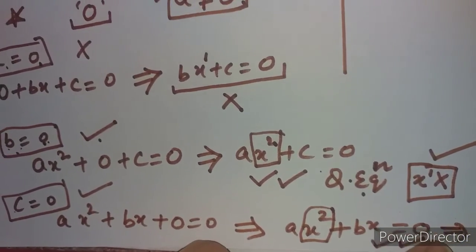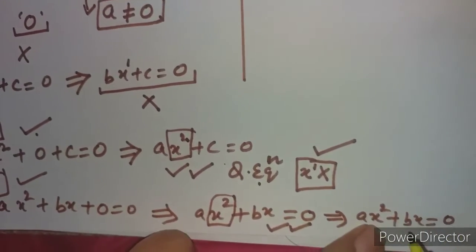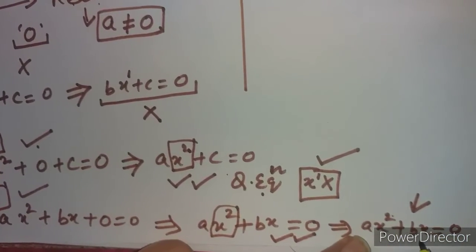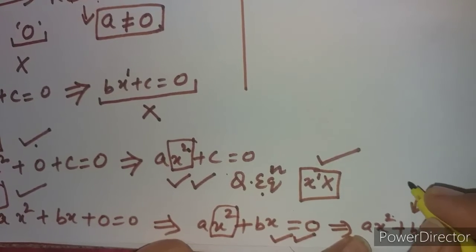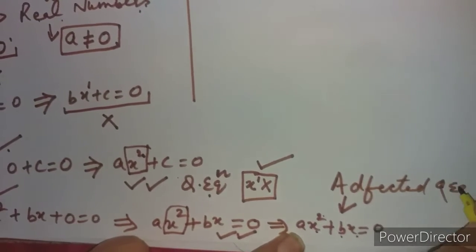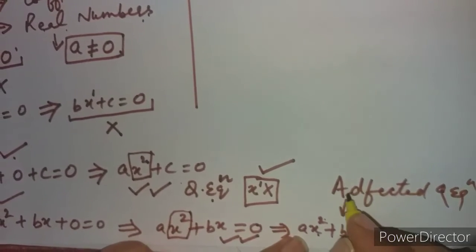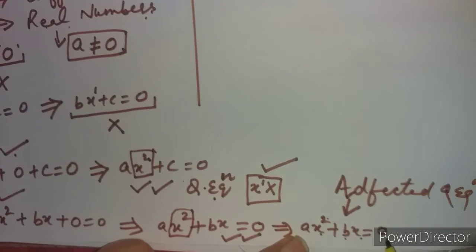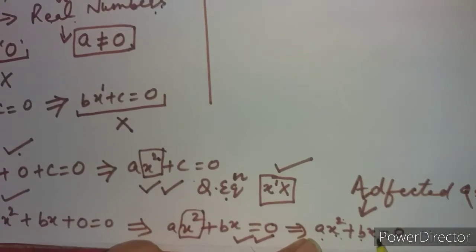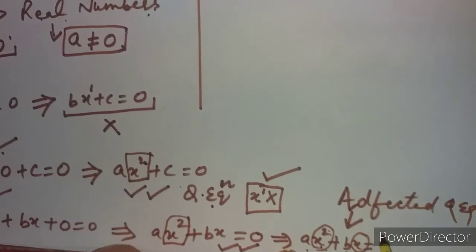I am writing again, ax square plus bx only equal to 0, and such a special type of equations in which one term is with power 2 and another term is with power 1, such are called adfected quadratic equations. Adfected in maths especially means an equation in which there are terms with different powers of the variable. Like here we have got power 2 of the variable, here we have got power 1. Such an equation is called an adfected quadratic equation.